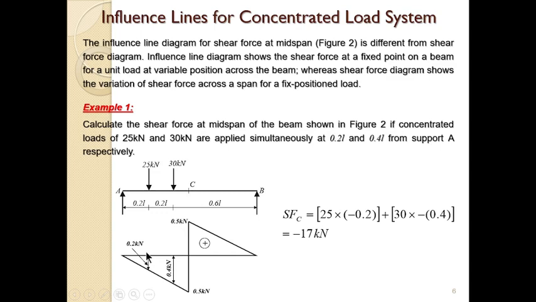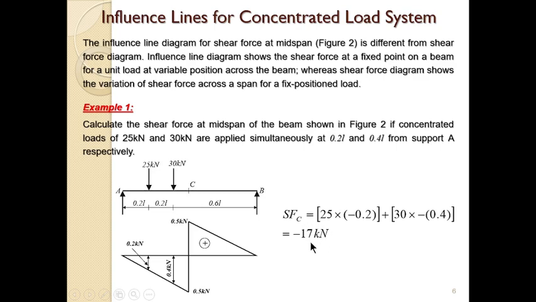But remember that these coordinates are negative. This 0.4 is negative, this 0.2 is negative because this is the negative section of the influence line diagram for shear force. So we now say shear force equals 25 times minus 0.2 plus 30 times minus 0.4.